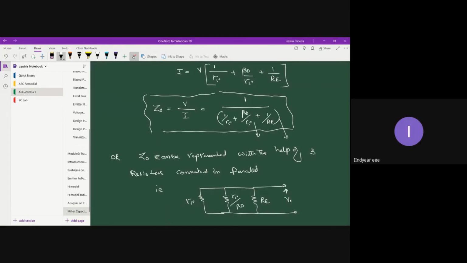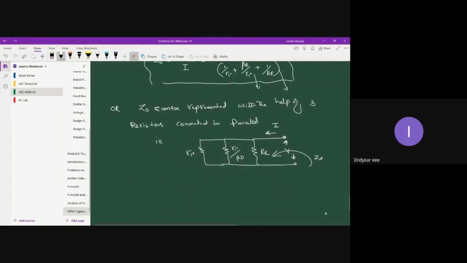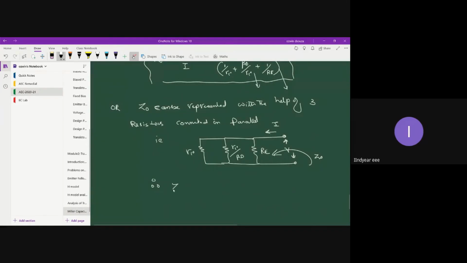So this is V, and this is I, and this is your Z0. So you can write Z0 as Ri parallel with Ri by beta d parallel with Re. So that's your Z.